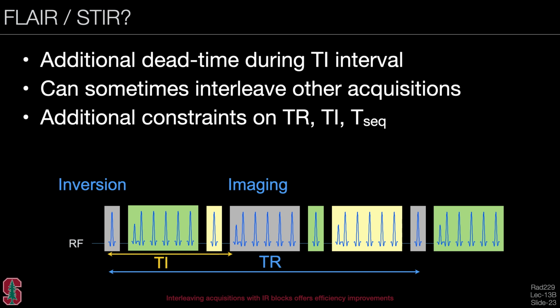If we look at this example, what you can see by the different colors is we have an inversion, and then let's skip ahead and we see that we image this later on. But before we image that signal, we can excite another slice, and then in that inversion time, we've interleaved the imaging. So you can see how we take an inversion and the corresponding imaging, and we've carefully ordered things so that we have other acquisitions, other slices, in this time.